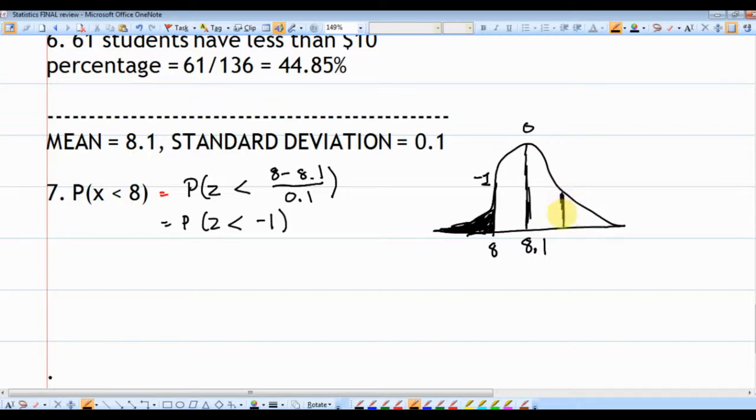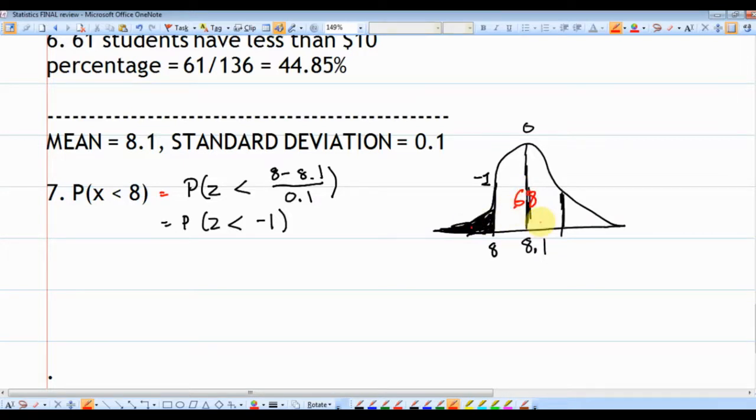And just to help you, remember that the middle area here is 68%. And then the other one is 95. And then the other one is 99.